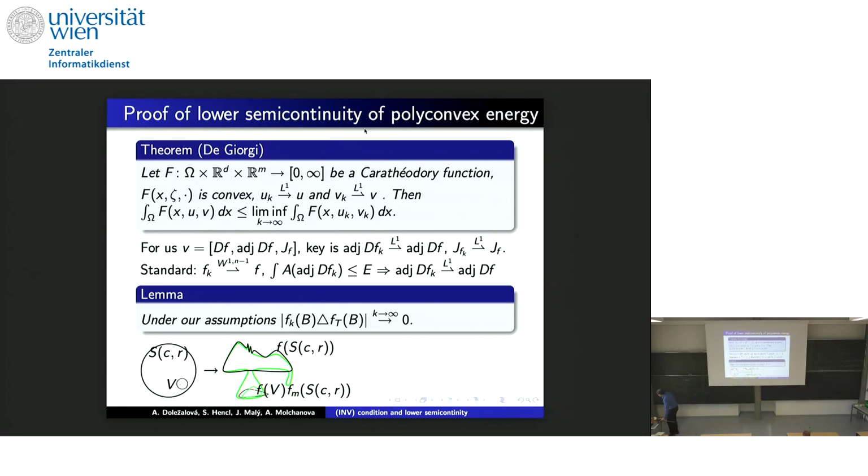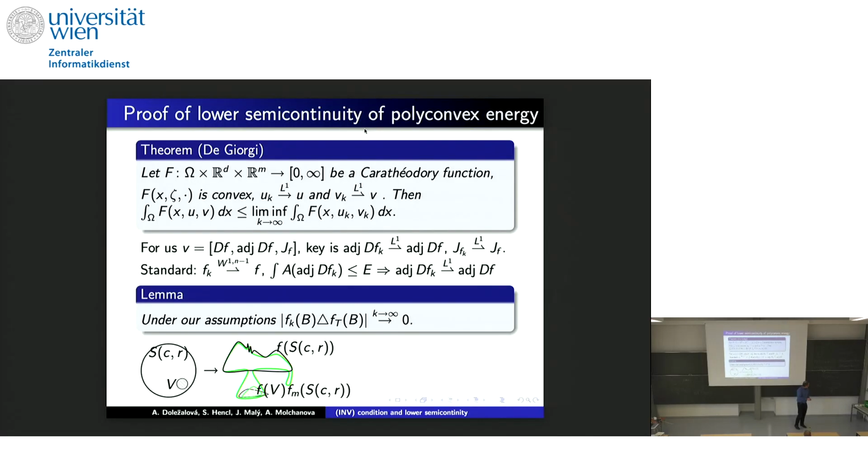And I will try to draw what I have in mind. Let me use some pictures. Topological image of the ball. So imagine that your mapping is not satisfying the INV condition, which means that you have the image of the sphere, and you have some set inside which is mapped outside, okay?